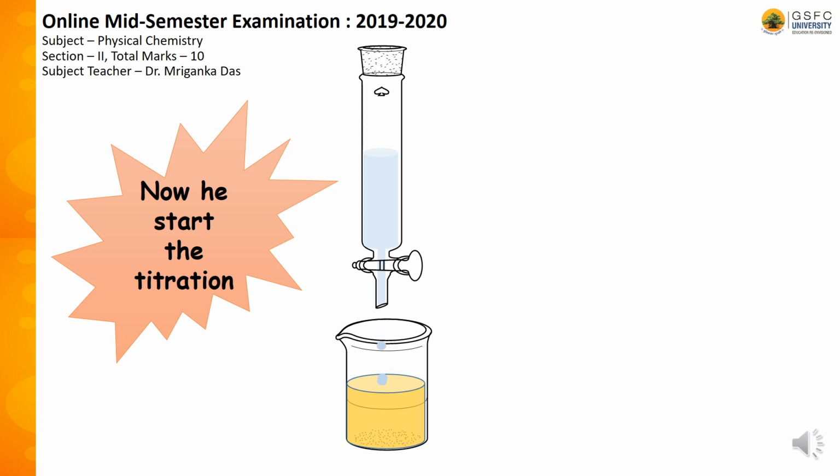Citrus solution means citric acid, which is a weak acid, so this is a weak acid, strong base titration, and the indicator used here is phenolphthalein, so the color will change after the end point. But as citric acid is a polyprotic acid, it will take some time to neutralize the whole acidic solution.